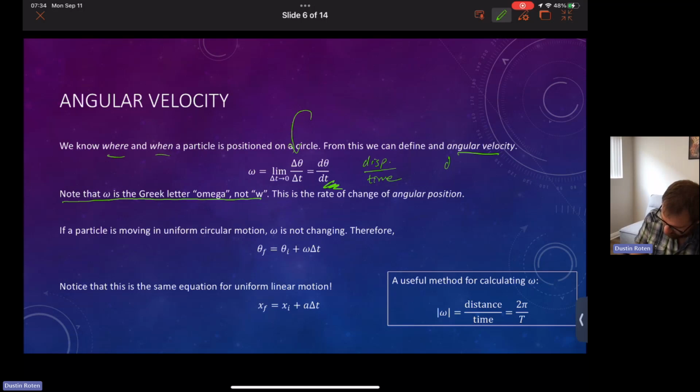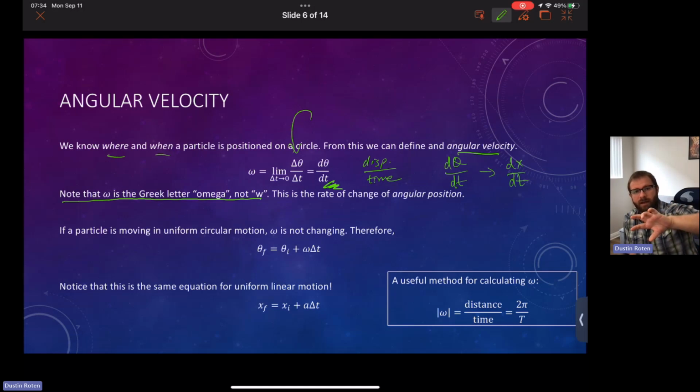And you can also think about this as just dx dt from last week when we were talking about this in a Cartesian sense. Well, that means if a particle is moving in uniform circular motion, the value of omega is not changing.